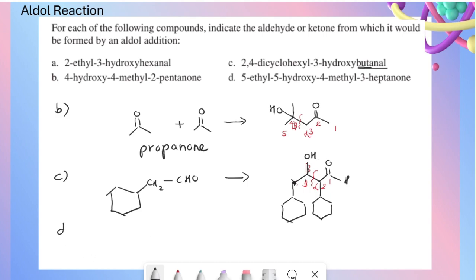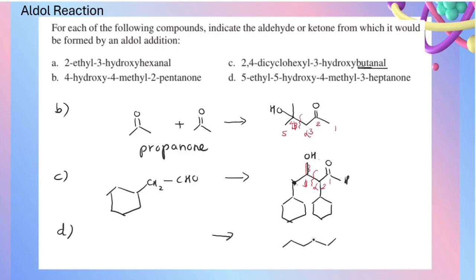Now, let's check for option D. What is it? 5-ethyl-5-hydroxy-4-methyl-3-heptanone. So first you write down the structure of heptanone. Heptanone will have how many carbons? 7 carbons.